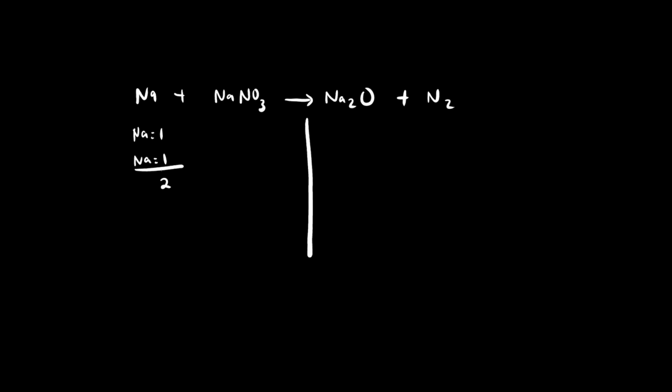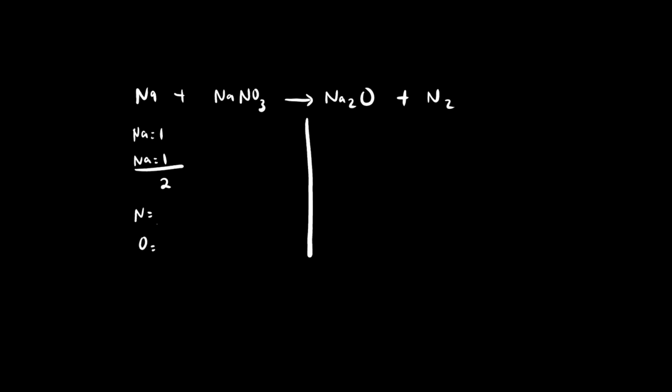Normally, I would tell you to view the nitrate, the NO3, as a unit. However, if you look on the right hand side, we don't have a nitrate present. So in this case, it's easier to break up the nitrate into nitrogen and oxygen.